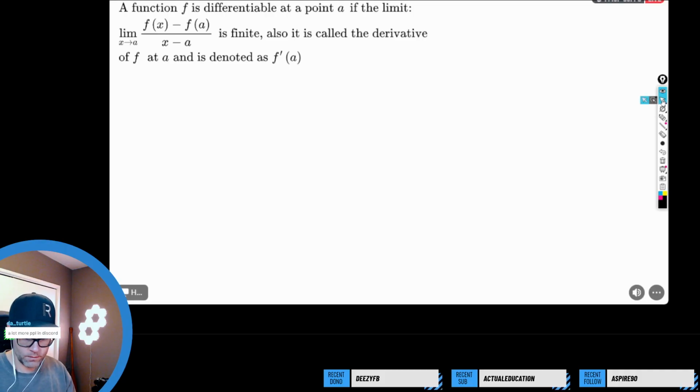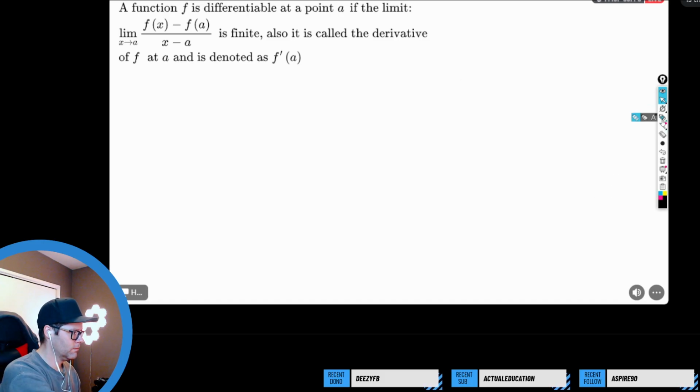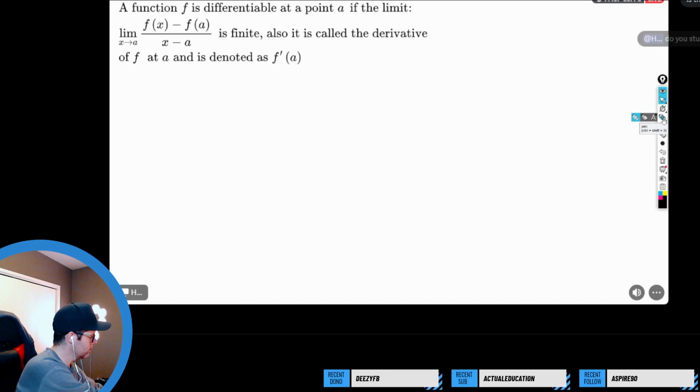But if we shorten our view to an even smaller group of functions, differentiable functions, we could learn quite a lot. So this is a definition.